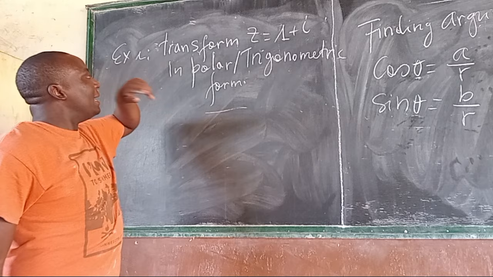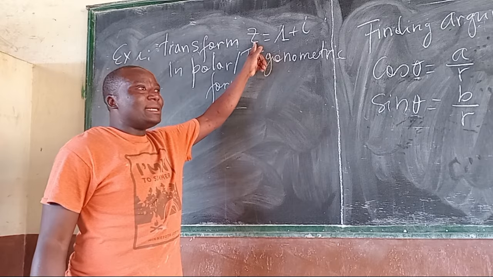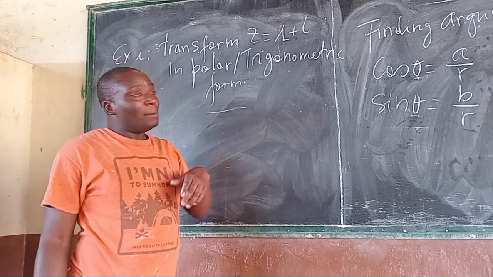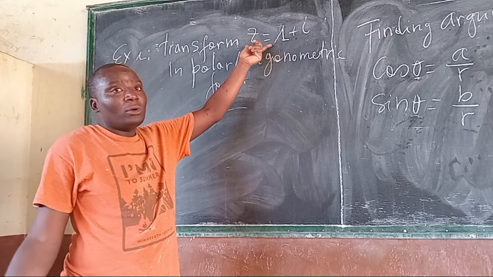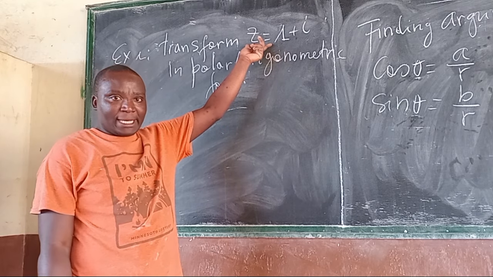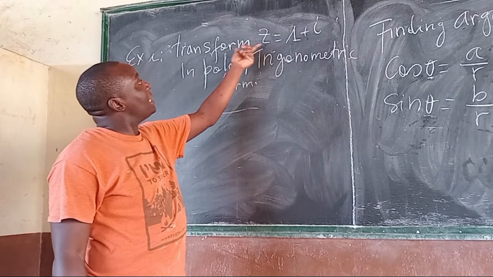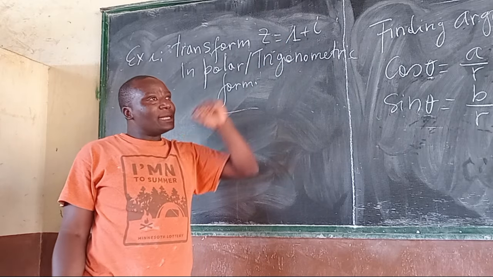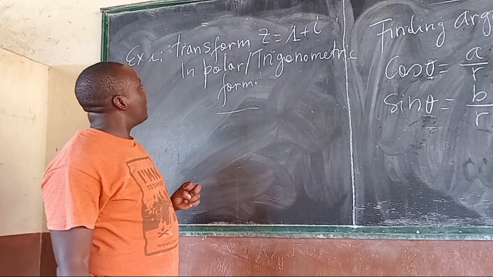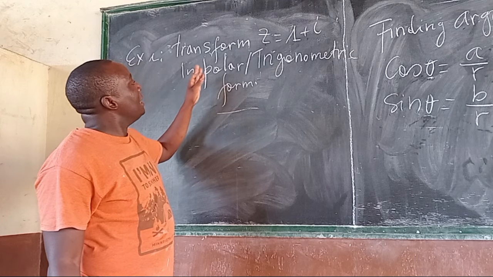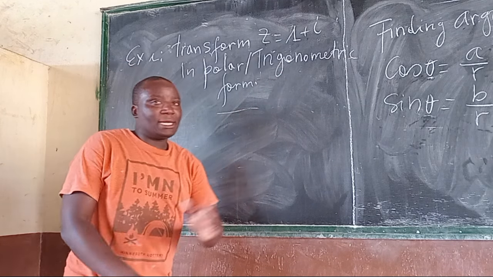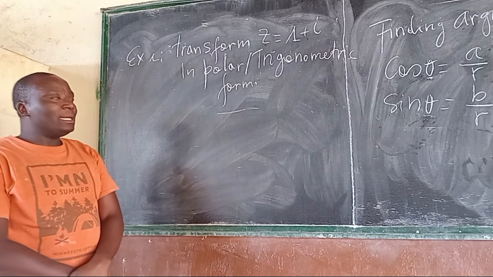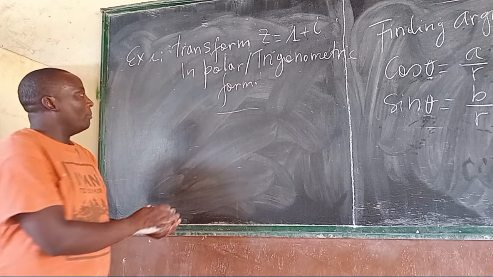We have a complex number z equal to 1 plus i, expressed in the standard or algebraic form. You are asked to transform this standard complex number into polar or trigonometric form. How to express this in trigonometric form?